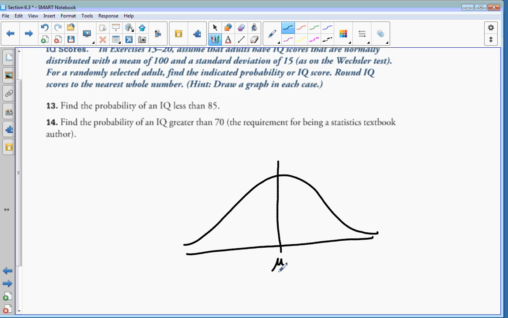Here's mu. It's 100, and it's the same as 0 on a z-score. We know that z's are positive here, and we know that z's are negative here.